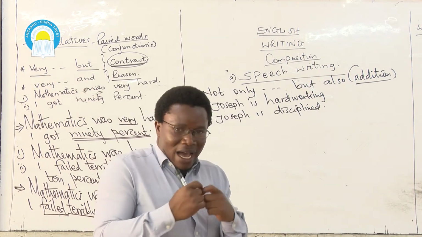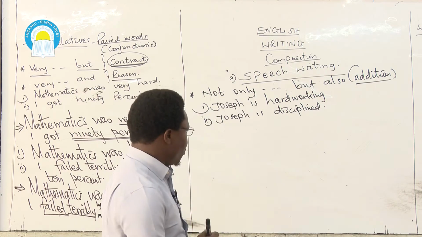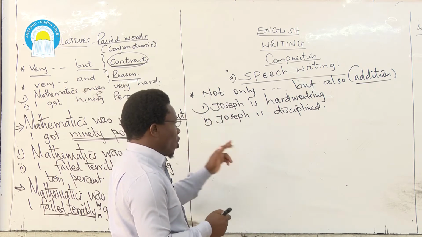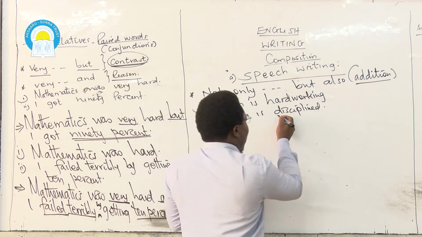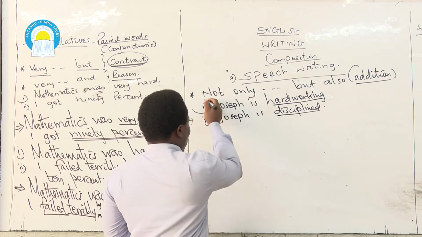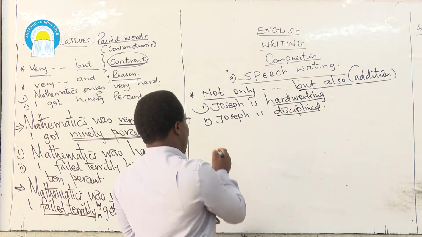However, if you are hardworking but indisciplined, you fail. So, when you look at the two sentences, Joseph is hardworking, Joseph is disciplined, we can join these two attributes of Joseph using 'not only but also' without changing the meaning of the sentence.